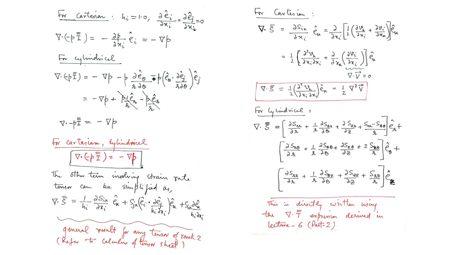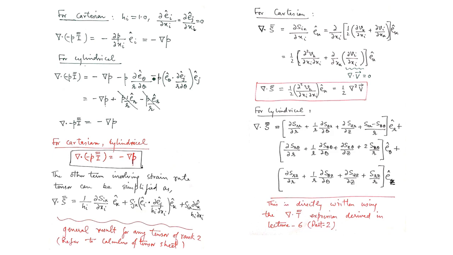Now here j is actually a repeating index, so that means it has to be summed, but you do recognize that in summing you only need to consider the r and theta directions, because these are the only two vectors which change with theta. And further, since the system is orthogonal, for j equal to theta you will get a zero contribution, because del e theta cap del theta is actually minus er. So e theta dot er cap minus er cap would be 0.